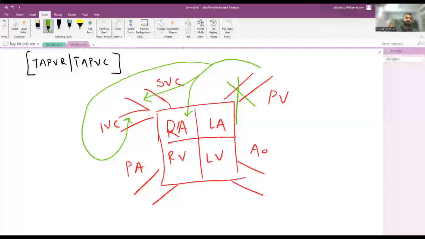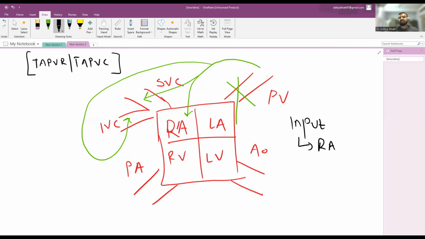And the source of all the blood is the right atrium. A patient in TAPVC, all the source of blood is the right atrium, because the venous return is also coming from the right atrium, and the oxygenated blood is also coming into the right atrium. So the input of all the blood of the heart in TAPVC is the right atrium.